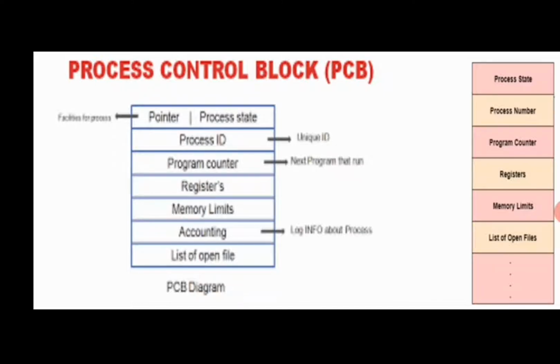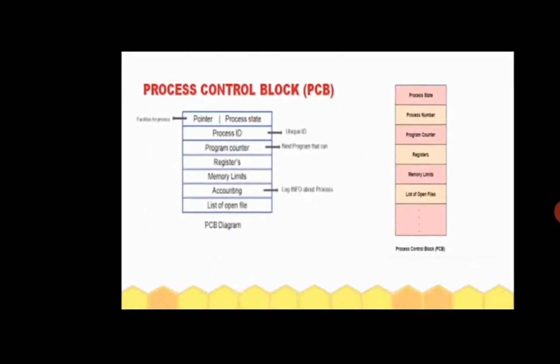In the last video I showed one screenshot also of what is PID or process ID. Each and every process will be given its own unique identification number. There is a concept of PC or program counter. There will be registers, memory limits, accounting, and list of open files, and whenever you create a process, all this information will be there in the row. Now we will see what exactly these things are.